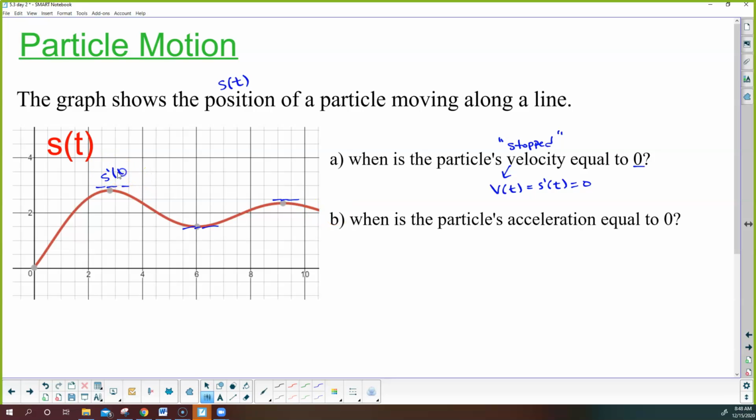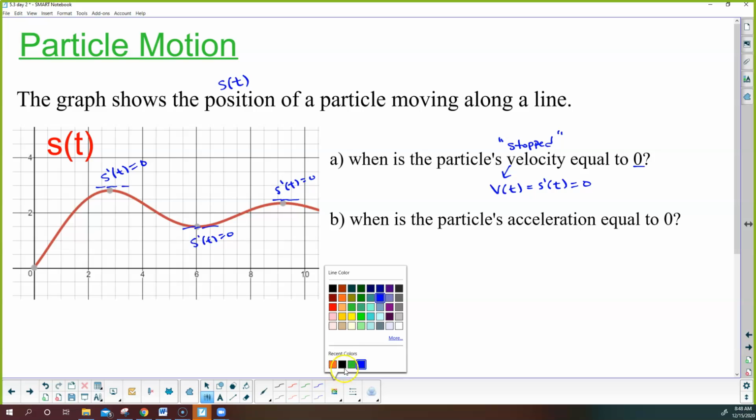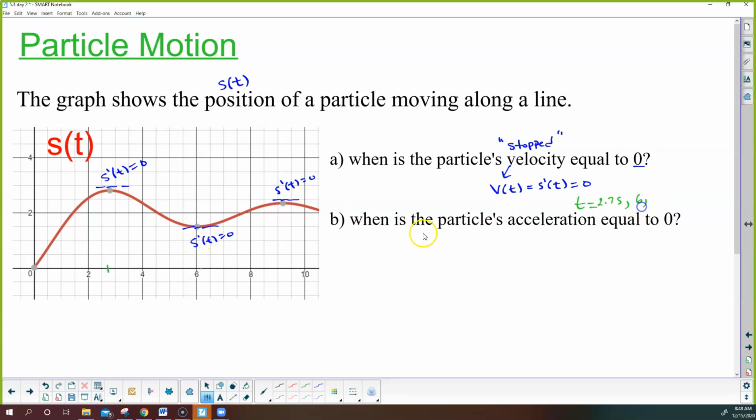Well, here, the derivative is 0. Here, and here. So we've got 3 spots, and if I was going to answer this, I would have to say it's at t equals maybe 2.75, t equals 6, and t equals maybe 9.25.